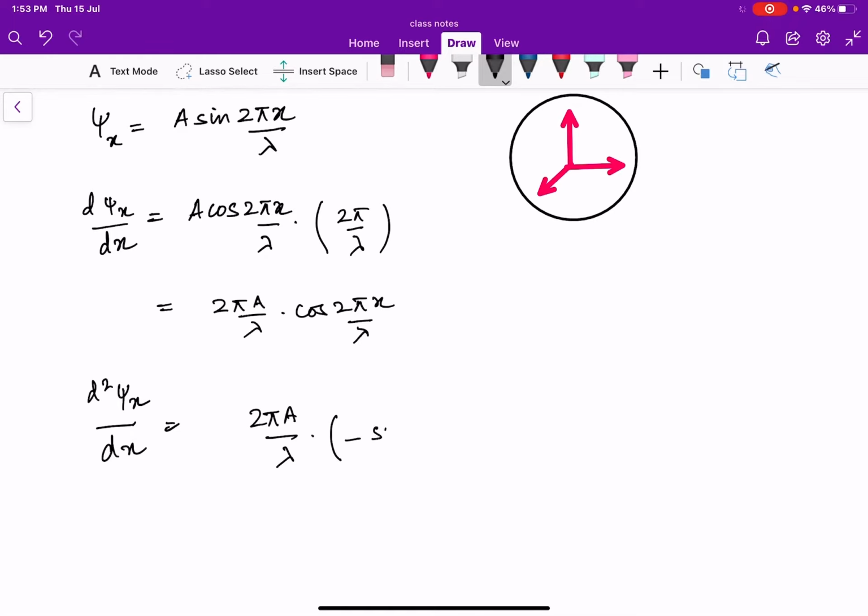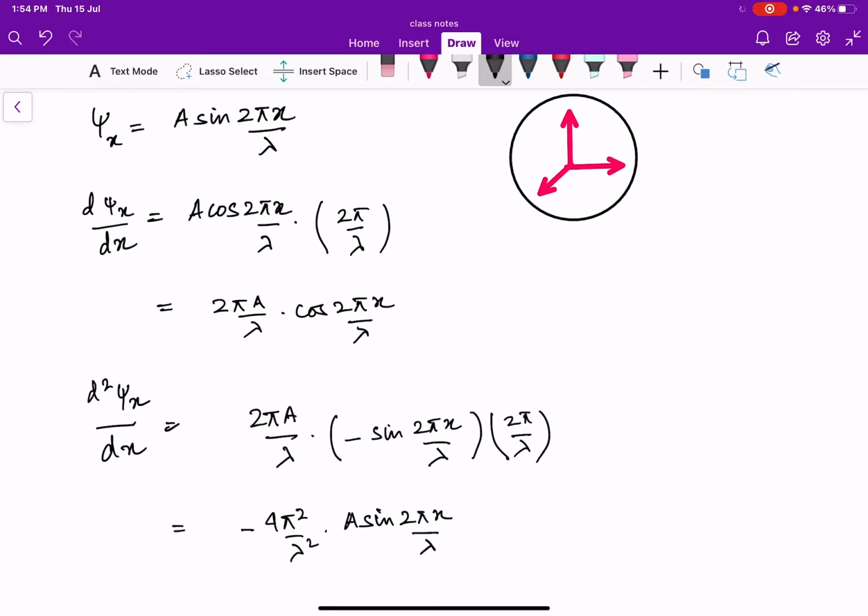Minus sine 2 pi x upon lambda, and here 2 pi upon lambda. So we can rearrange and write it in this way: minus 4 pi square upon lambda square into a sine 2 pi x upon lambda.